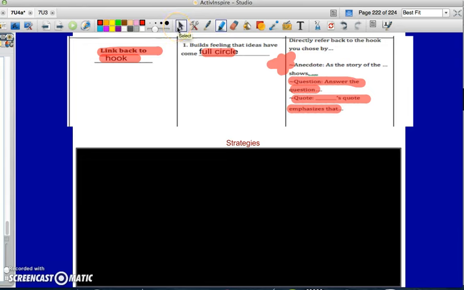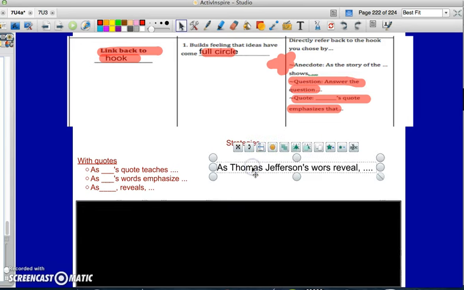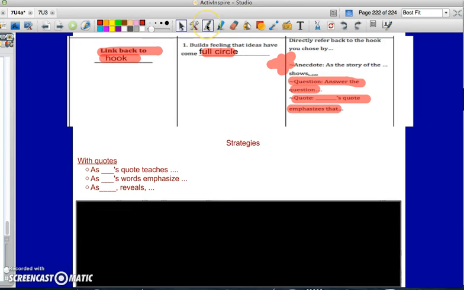So depending on which strategy you chose, a question or a quote, you'll want to use some of these strategies. First, for quotes, I did this on an earlier cast. For quotes, you're going to want to directly refer back to the person or the words that you used to start off your essay. So I've got some sentence starters for you to choose from to help you with that. You might start off with "As blank's quote teaches," or "As blank's words emphasize," or even just that person, "As blank reveals."